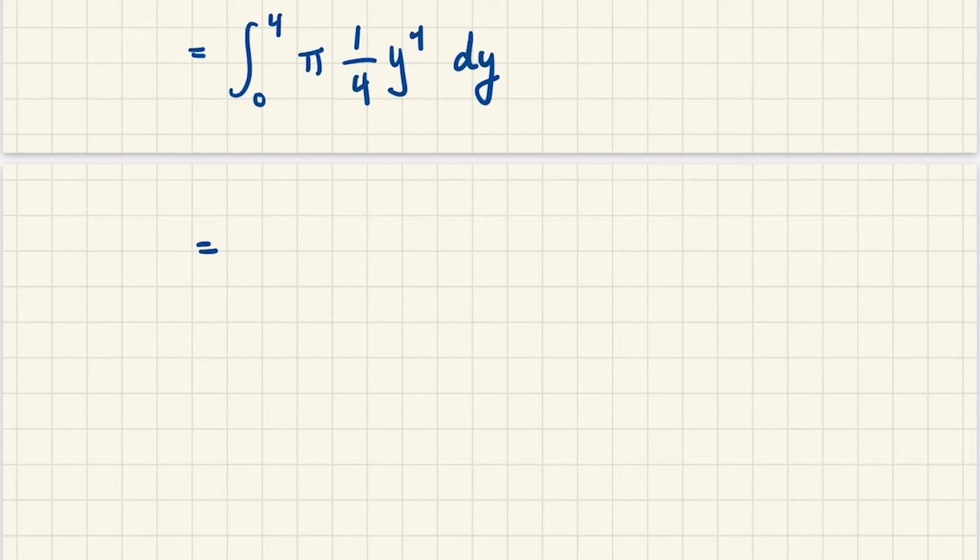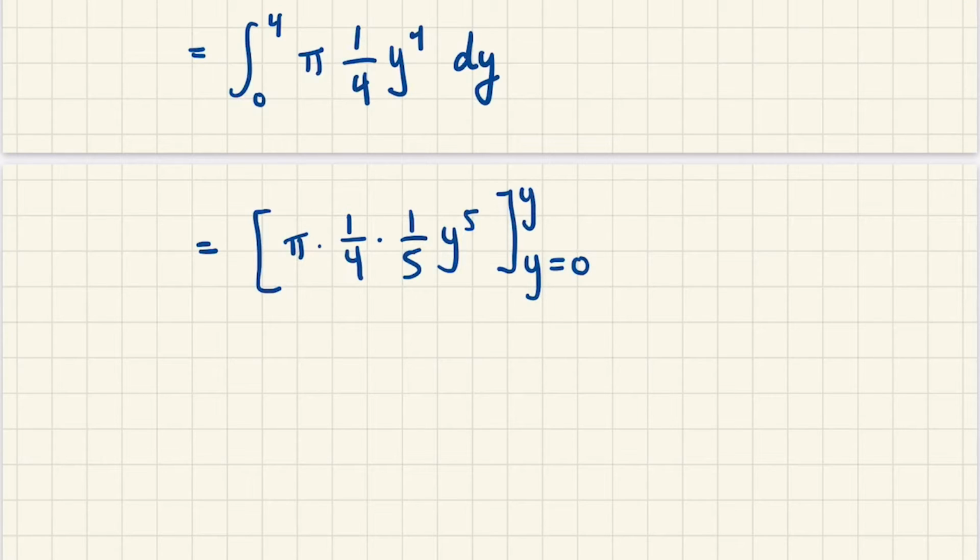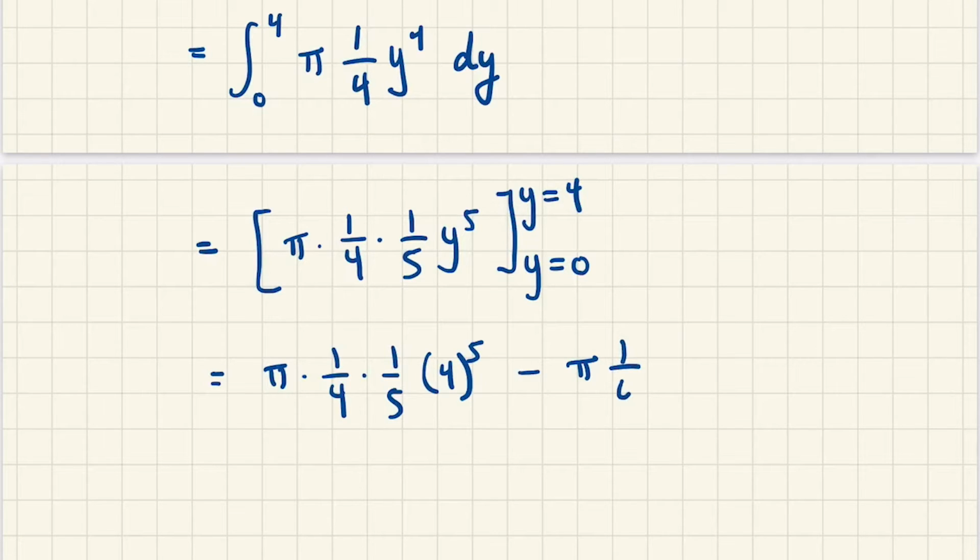And this is equal to its antiderivative. So pi times 1/4 times y to the 4th becomes 1/5 y to the 5th, and the bounds start at 0 and they end at 4. So we'll just plug 4 in here. We get pi times 1/4 times 1/5 times 4 to the 5 minus everything with 0 plugged in, which actually will just come out to 0.